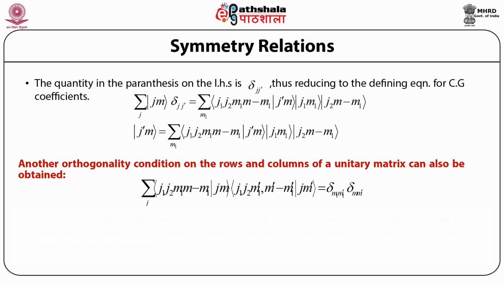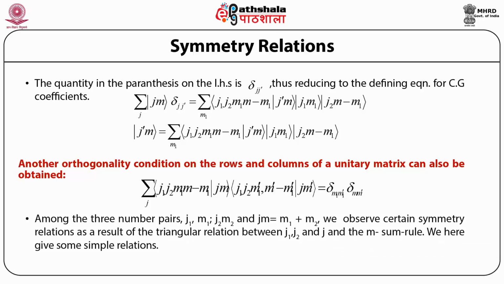Similarly, another orthogonality condition on the rows and columns of a unitary matrix can also be obtained in the above manner, and the final result turns out to be summation over j bra vector j1 j2 m1 m minus m1 ket vector jm bra vector j1 j2 m1 prime m prime minus m1 prime ket vector j m prime is equal to delta m1 m1 prime delta m m prime, where the quantities within the summation over j are the Clebsch-Gordan coefficients for j1 j2 m1 m2, which is equal to m minus m1, and j1 j2 m1 prime m2 prime, where m2 prime is equal to m prime minus m1 prime.